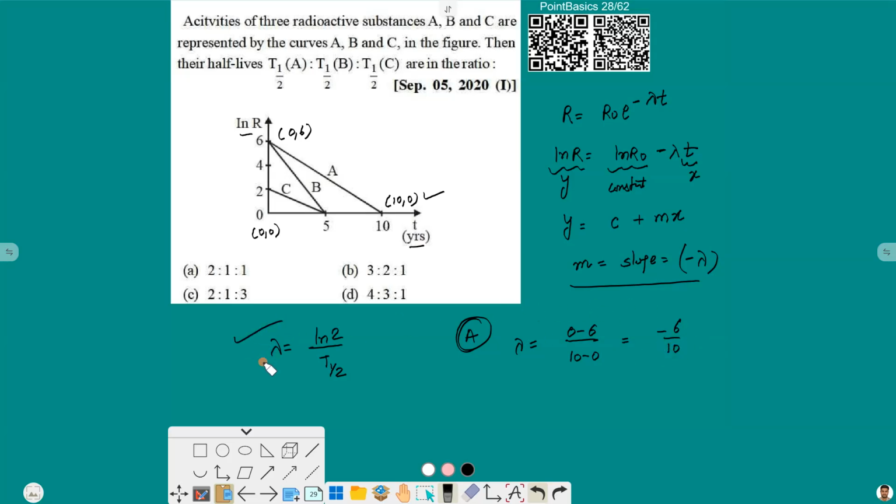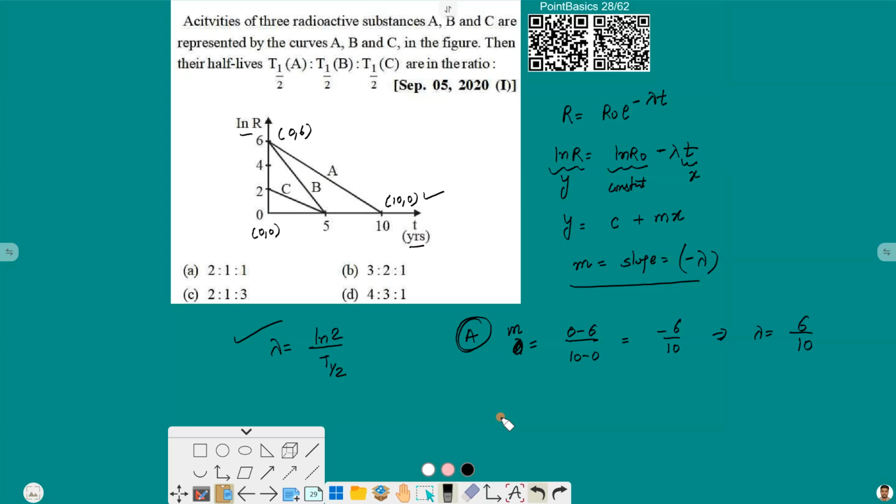Using the relation that slope is equal to minus lambda, the slope m is (0 minus 6) by (10 minus 0), so the slope is minus 6 by 10. From this, lambda will be negative of the slope, that is 6 by 10.